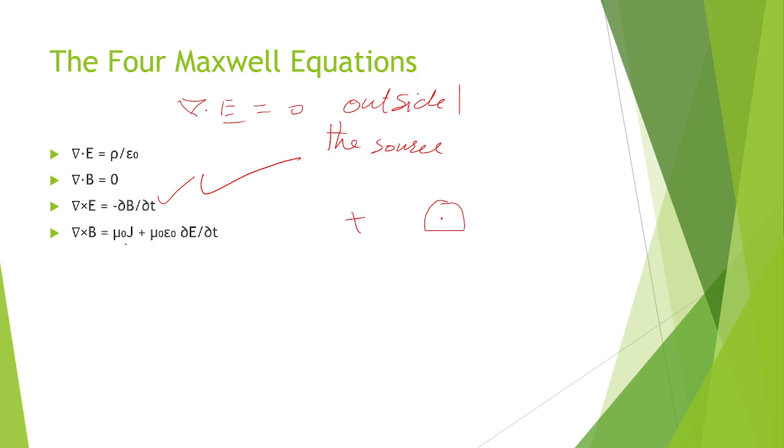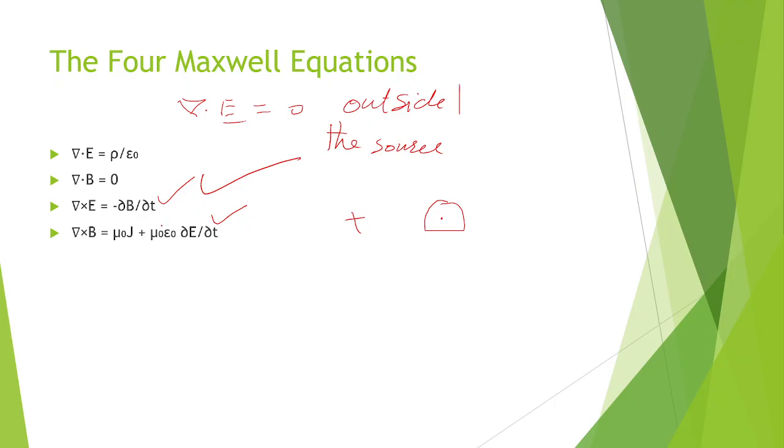And the last one, we discussed that current flowing in a wire creates a magnetic field swirling around the wire, and the changing electric field inside the plates of the capacitor also creates a magnetic field. This term is a very important term. All the wireless devices work on this term, and this was added by Maxwell.